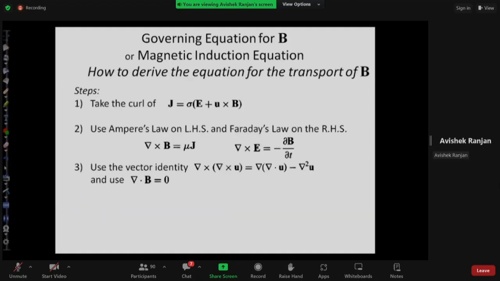Now let us look at how we obtain the so-called magnetic induction equation, the main governing equation for MHD. We start with Ohm's law, and in that we take the curl on both sides.